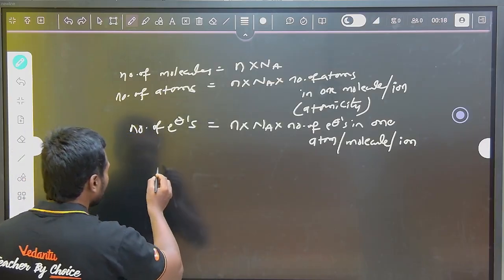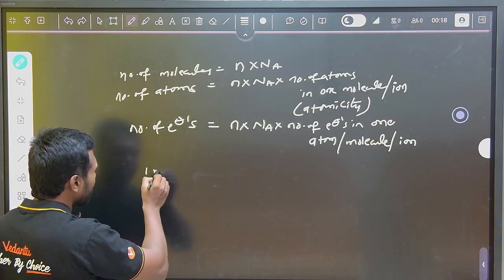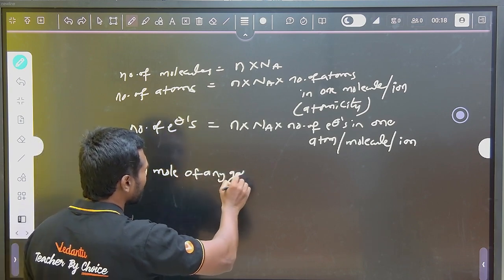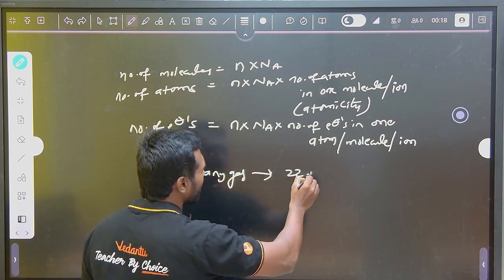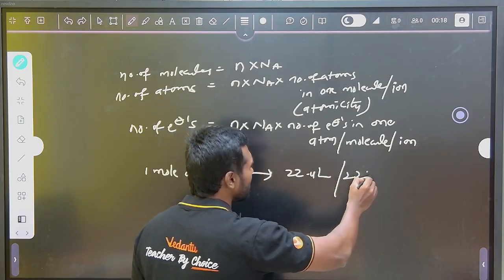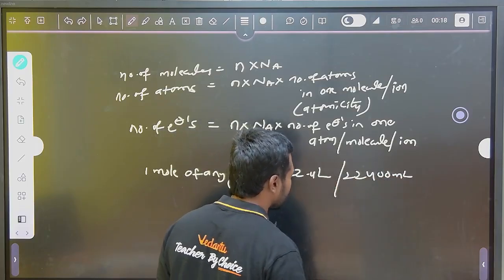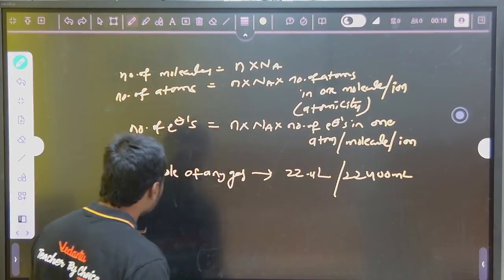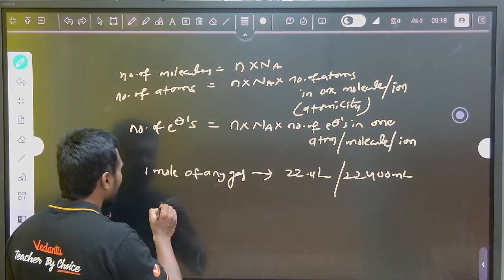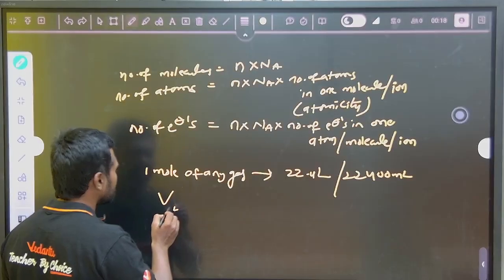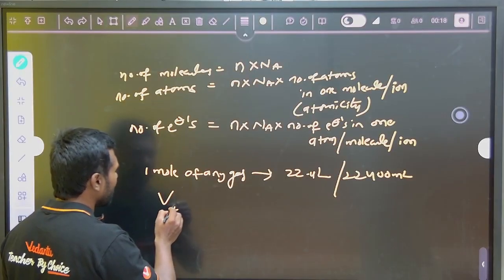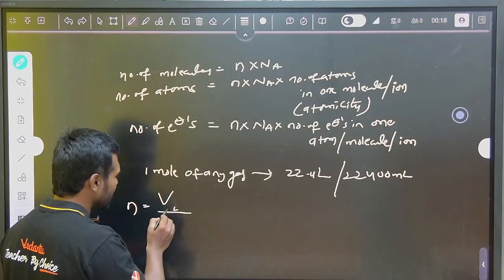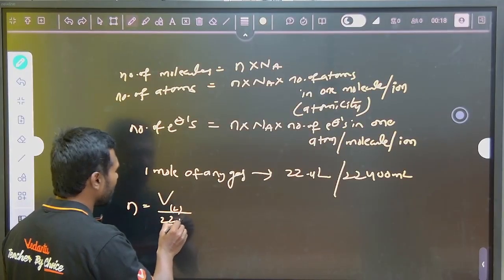Next, we know that 1 mole of any gas will occupy 22.4 liters volume, or else 22,400 ml volume at STP, that is standard temperature and pressure, right? So how to find the volume occupied by any gas? Number of moles is equal to volume occupied by the gas in liters divided by 22.4 liters.